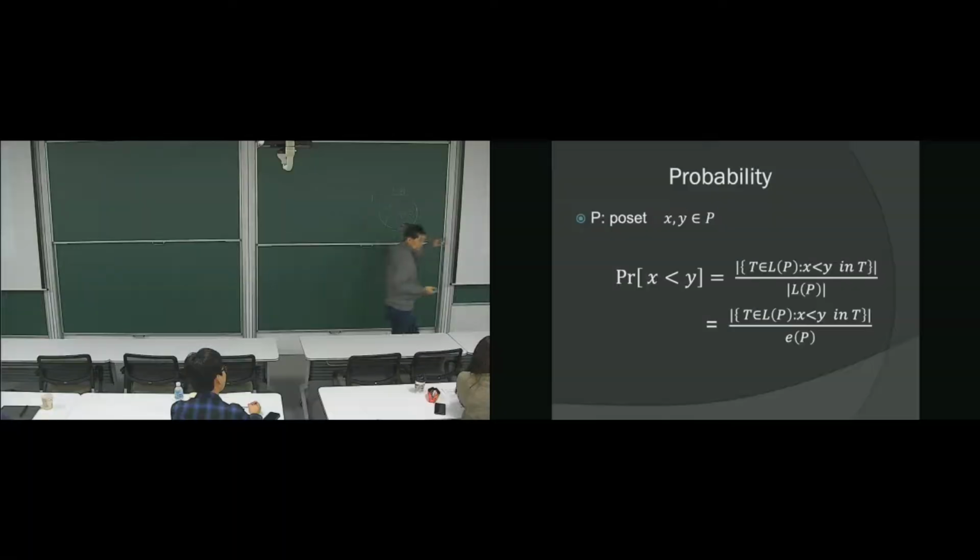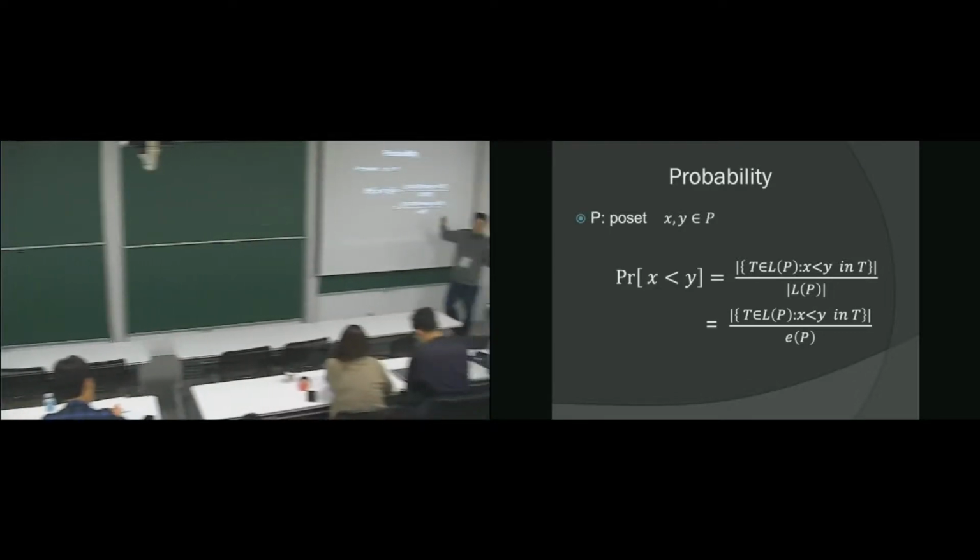And in the other part, Y is less than X. Then this PR(X less than Y) means the ratio of this one. So you can just imagine, it's not a fancy way, but it's just a way to write counting. It's nothing but counting.